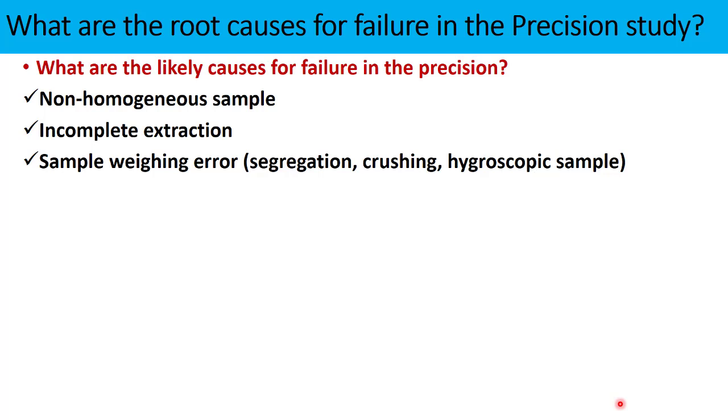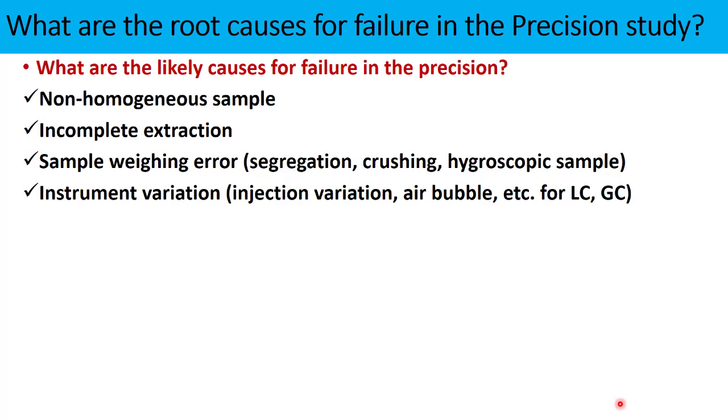If you do the weighing in a short period of time, then a little moisture will get picked up, and that will again result in a different result. So the hygroscopic material can become the reason for the imprecise testing result. In such cases, you have to take utmost precautions. You need to control the humidity, maybe below 40% RH, and that will become the suitable environment for weighing. So I think the third probable reason could be the sampling and weighing error.